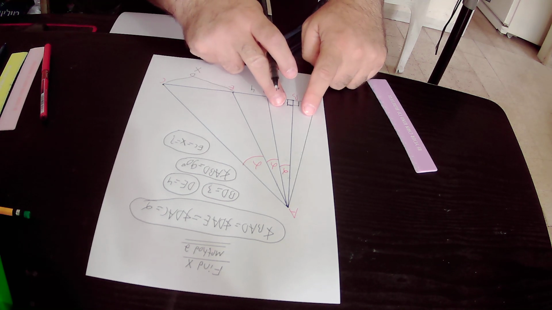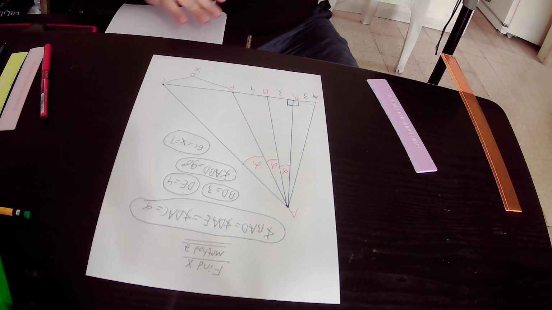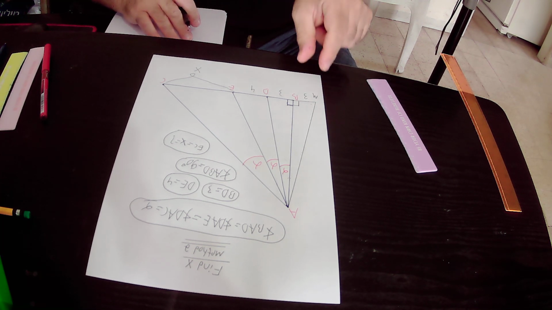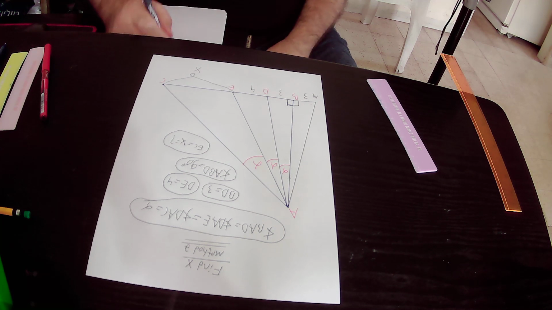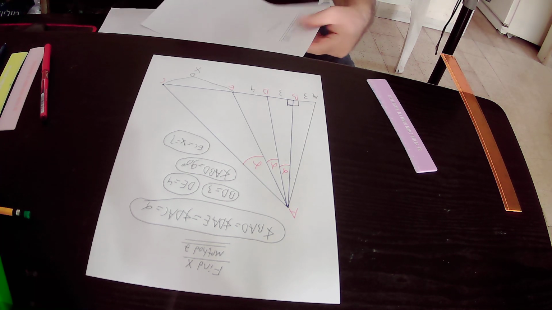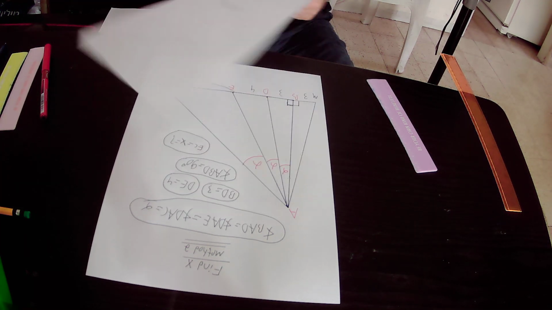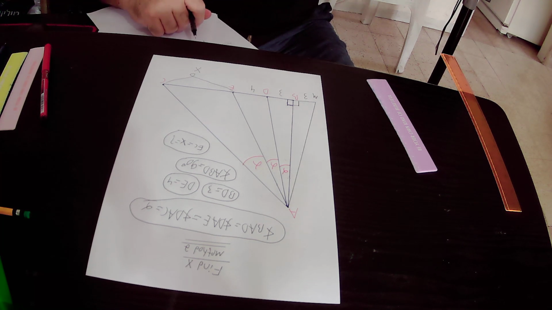We know that MB equals BD equals 3 units. MB equals 3 units according to our construction.